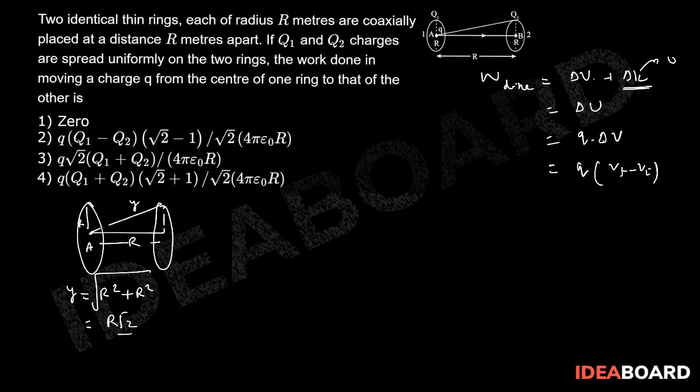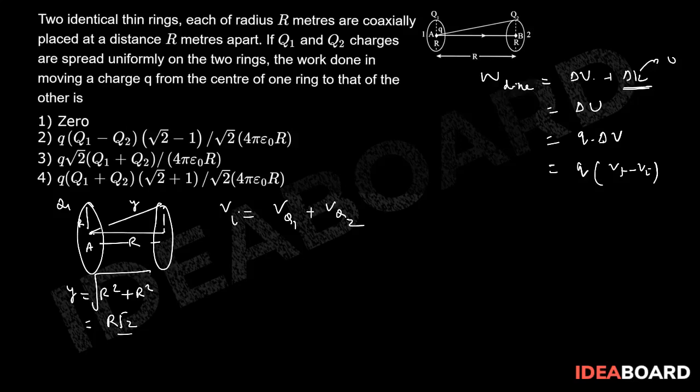Why do we need this distance? Because we know the formula for potential on the axis of a ring. For the ring which has charge Q1, I am calculating V initial: V due to Q1 plus V due to Q2.